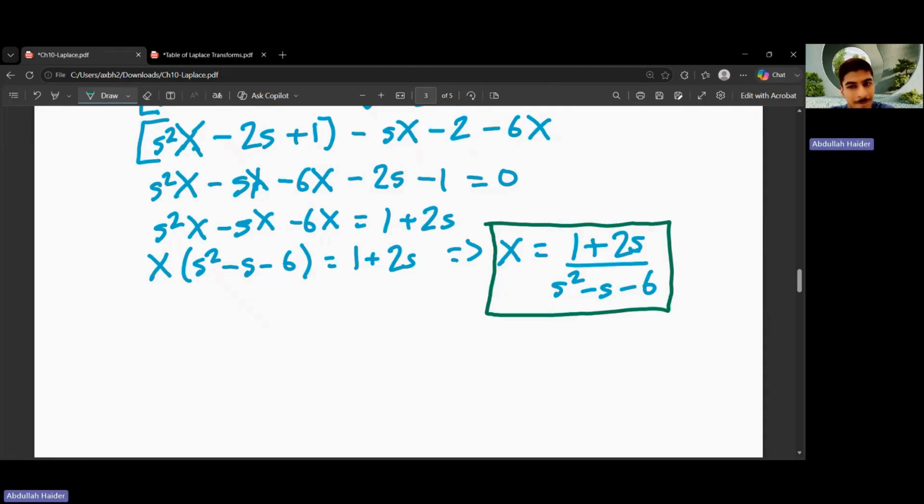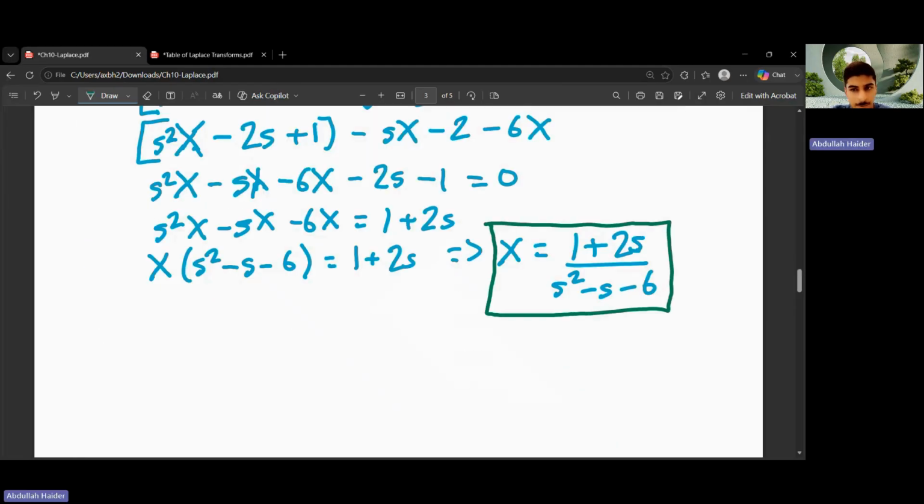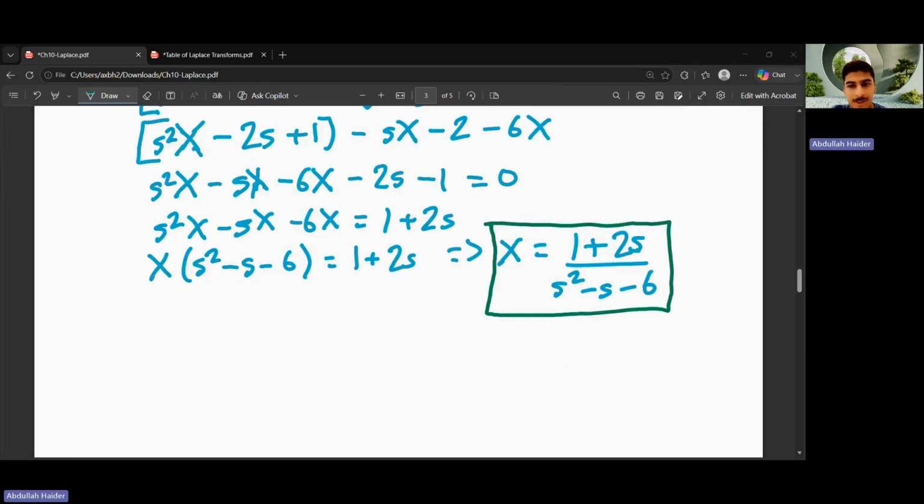Trust me, dealing with partial fractions is going to be your main enemy in this whole chapter. So big X is equal to 1 plus 2s over s squared minus s minus 6. And let me check if something is wrong.